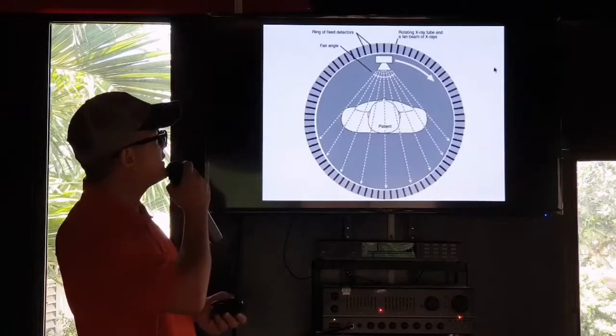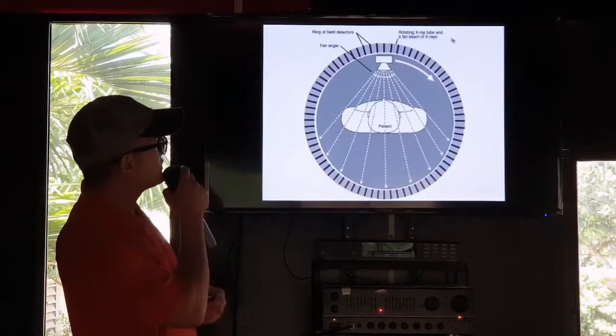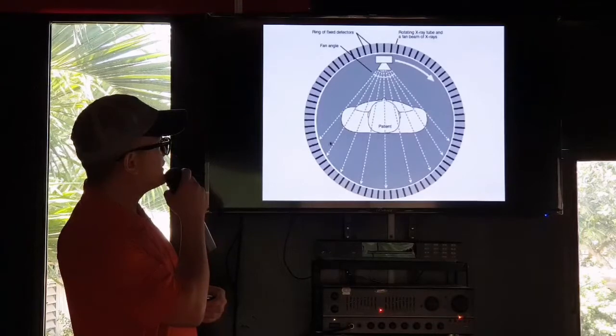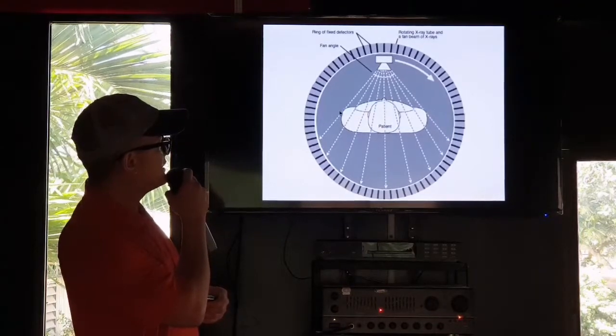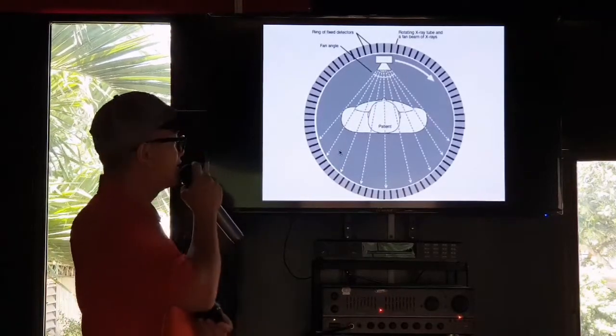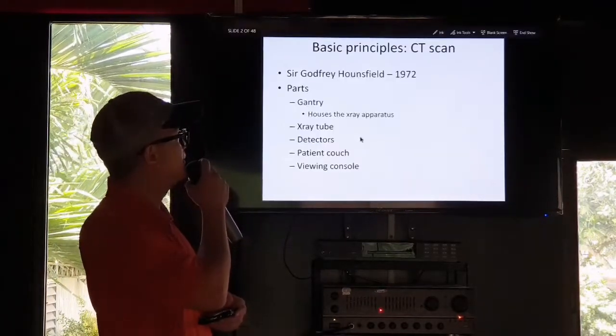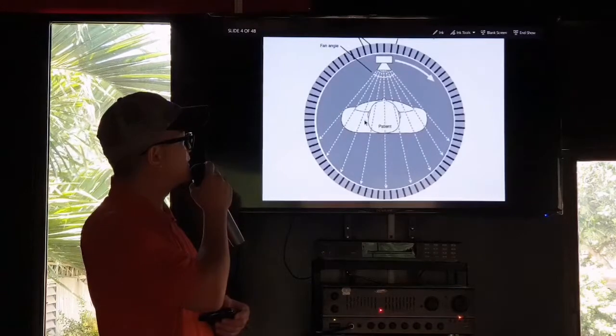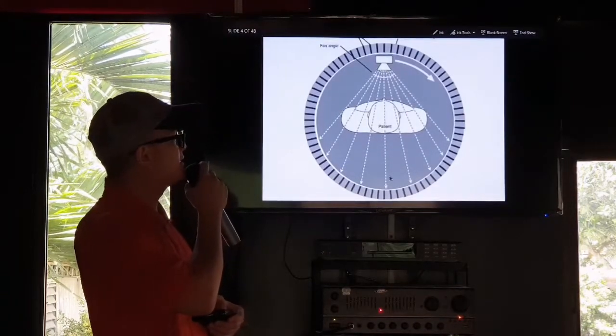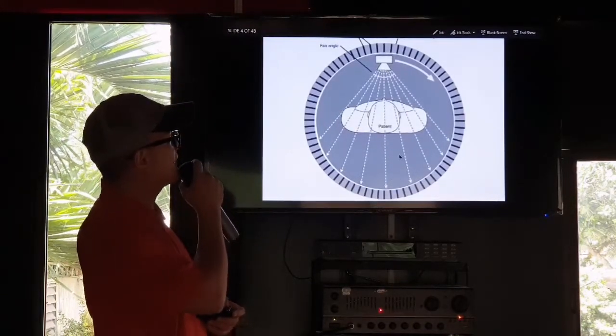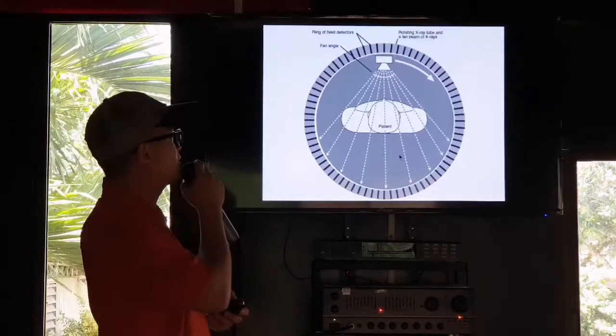So here's how it looks like. So we have here the X-rays, basically a series of X-rays sequentially slices the body. So it's basically like slicing a ham, or slicing a piece of meat using a series of X-rays and then reconstructing all those images that you see.